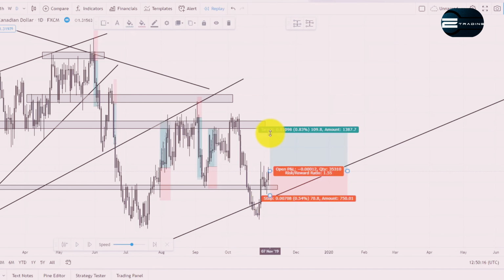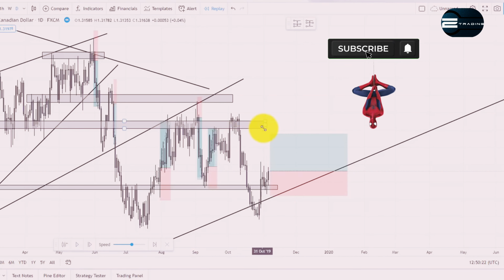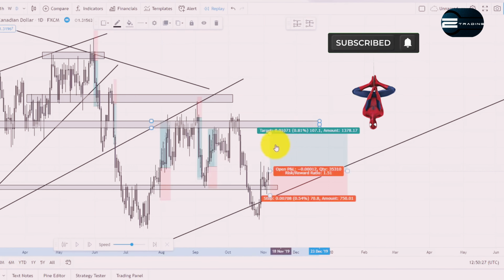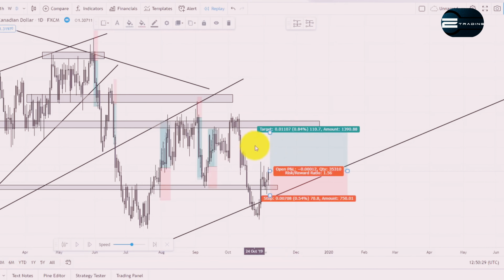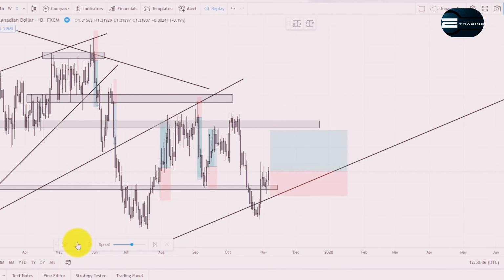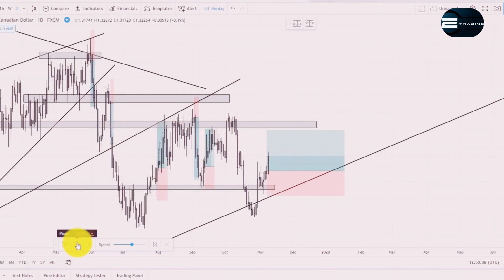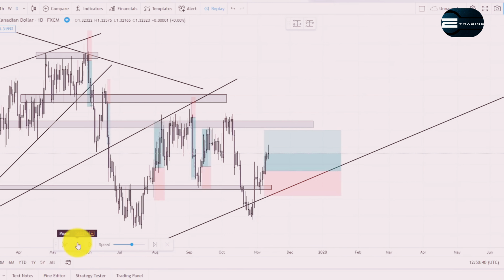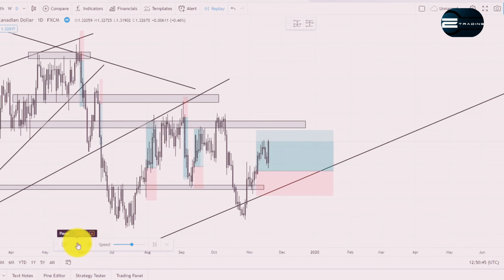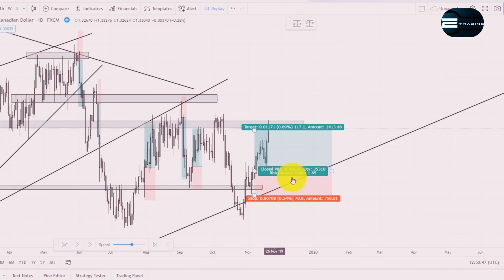So we enter a buy trade here. We won this trade too.